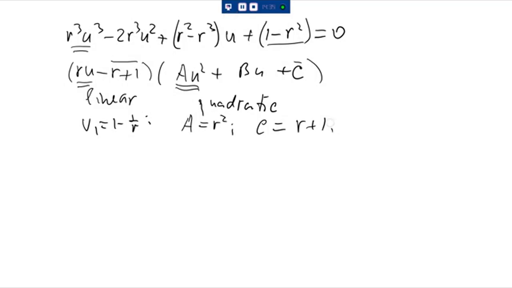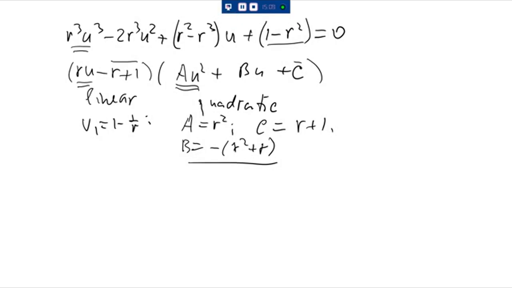And finally, we can find b. So bu times (minus r plus 1) plus ru times c should give minus 2r cube, for example. Anyway, you can make these calculations and you will find that b equals minus r squared plus r.